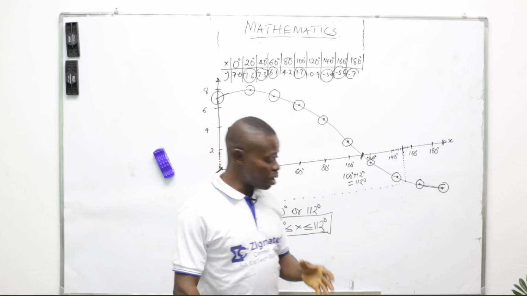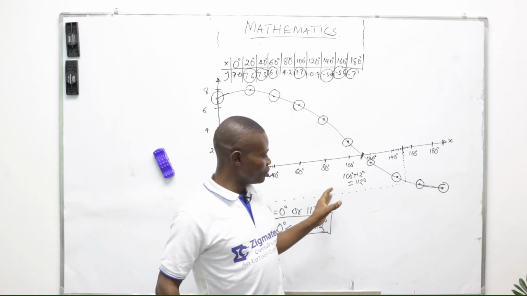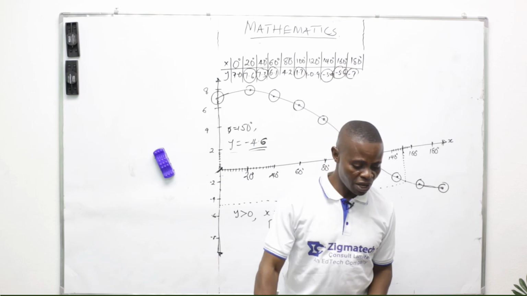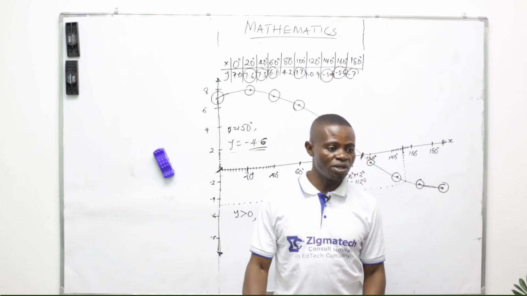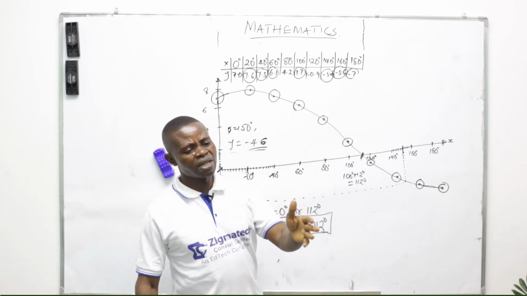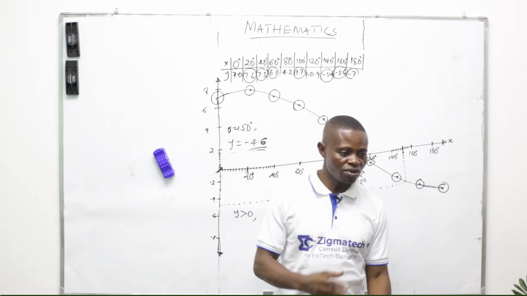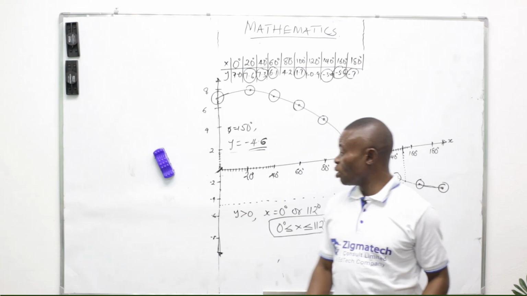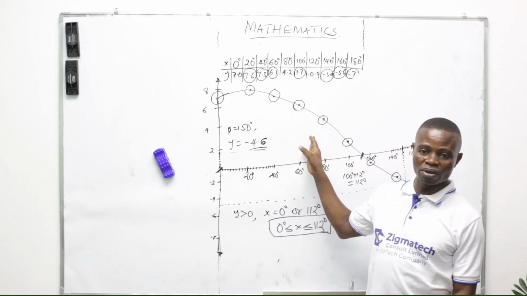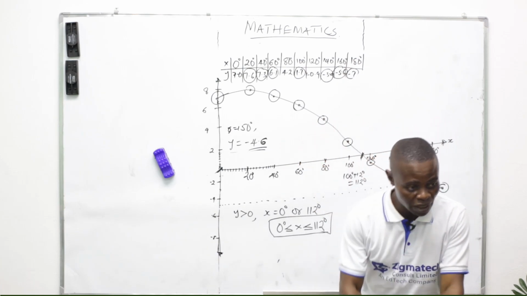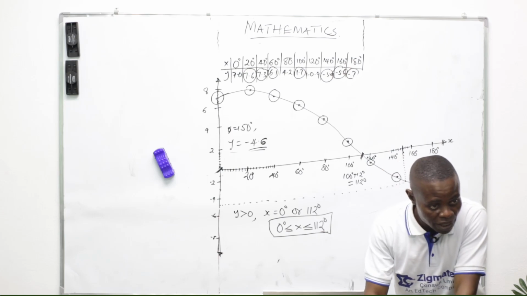If you don't have the app, please make sure you download it. Pick other questions, maybe from 2018, 2017, 2006. You will always see a question on sine and cosine graph.